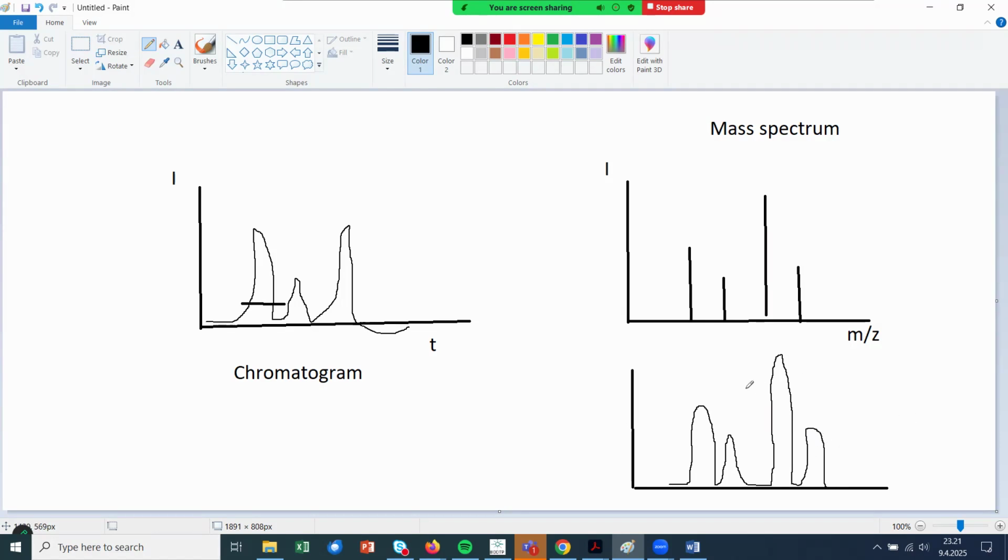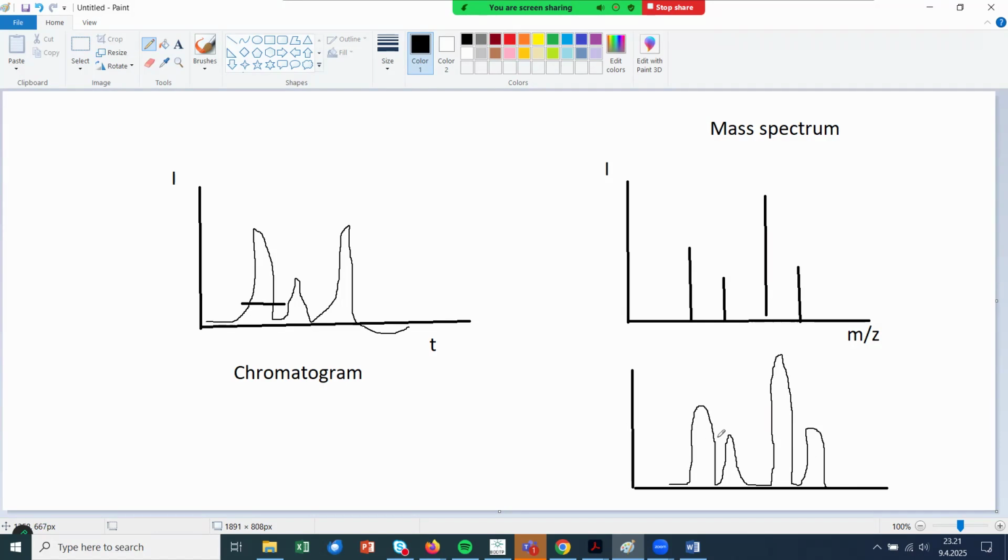Sorry, they don't look nice, but maybe you get the idea. So they are also more or less like Gaussian curves. We sometimes draw the mass spectrum like these sticks just for illustrative purposes.